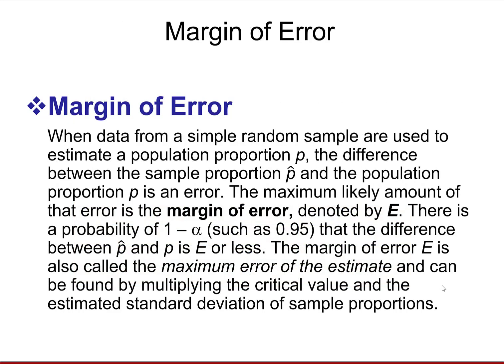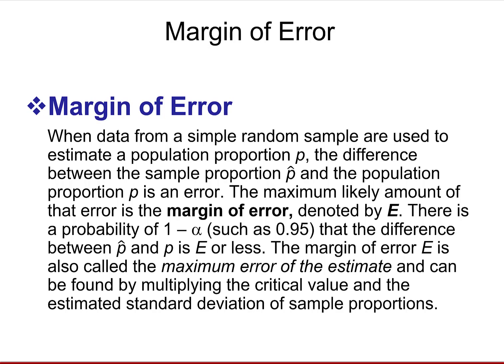And the margin of error: when the data from a simple random sample are used to estimate a population proportion, the difference between the sample proportion and the population proportion is an error. The maximum likely amount of that error is called the margin of error, and we're going to designate that by a capital E. There's a probability of 1 minus alpha, such as 0.95, that the difference between p-hat and p is E or less.